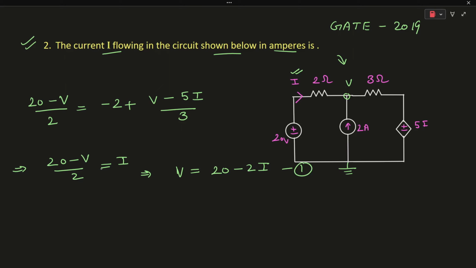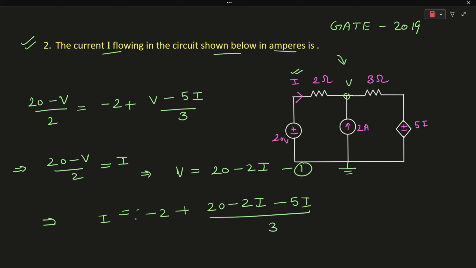On substituting the value, we can clearly see that I is equal to minus 2 plus 20 minus 2I minus 5I upon 3.